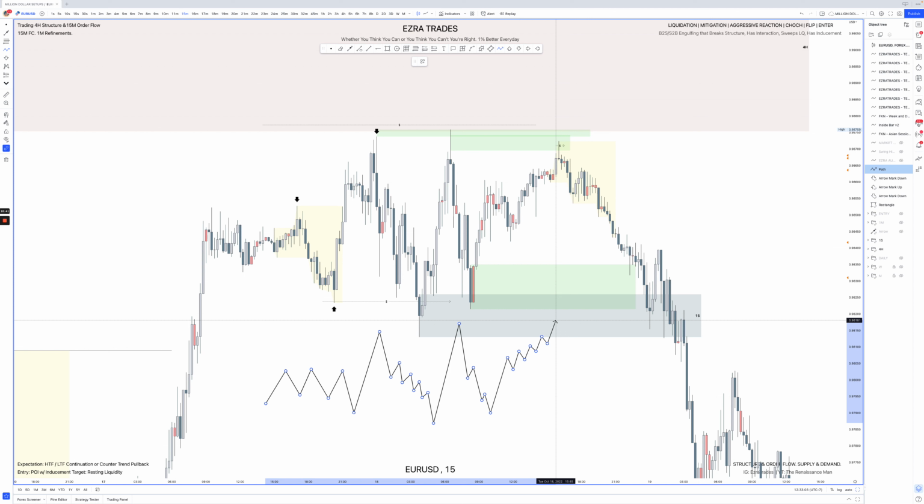So if we are in a premium pricing of a swing, counter trend or pro trend, it doesn't matter. If we are in the premium pricing of the swing, Asian session upon open will begin looking to take price to discount territory.